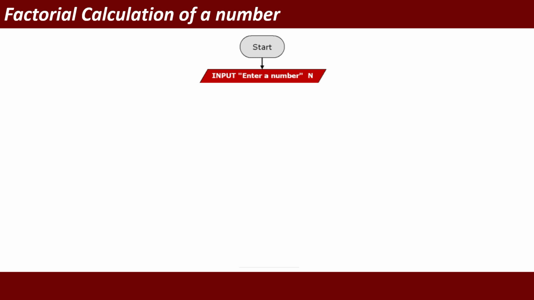First of all, I'm going to draw the flowchart. First of all, I will use a start symbol. Then I will take an input symbol: enter a number in variable n. Then I will initialize two variables with value 1, fact equal to 1 and x equal to 1.